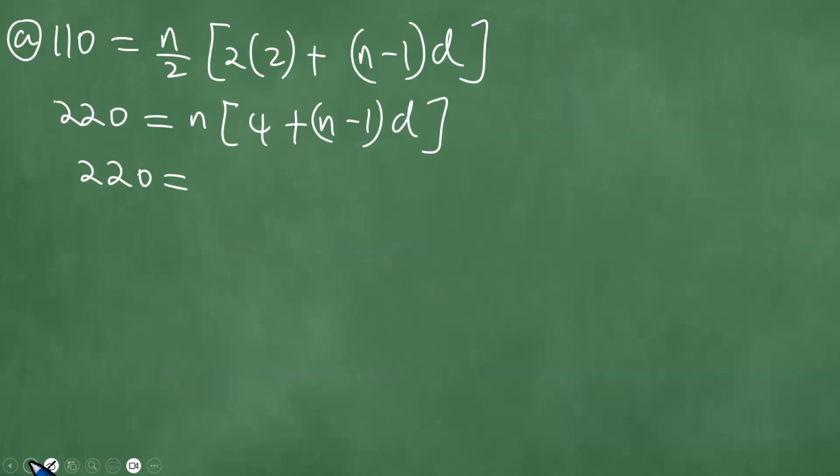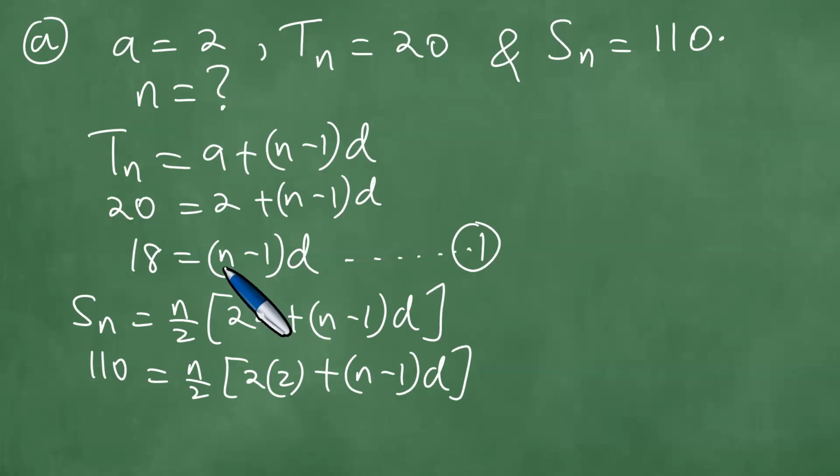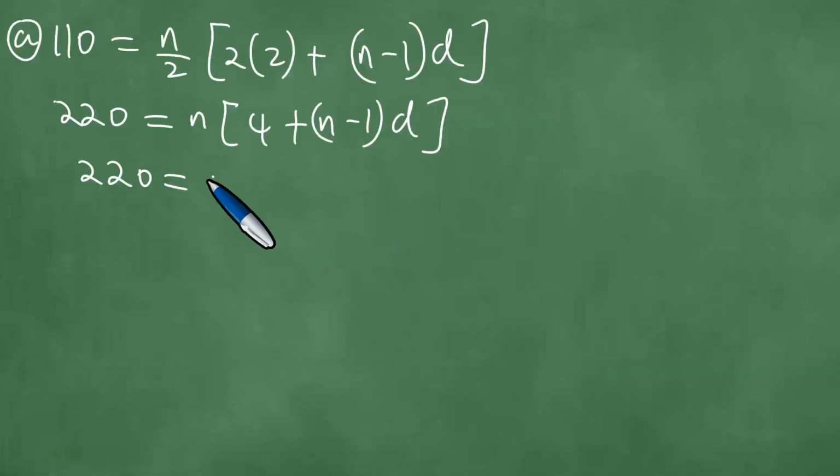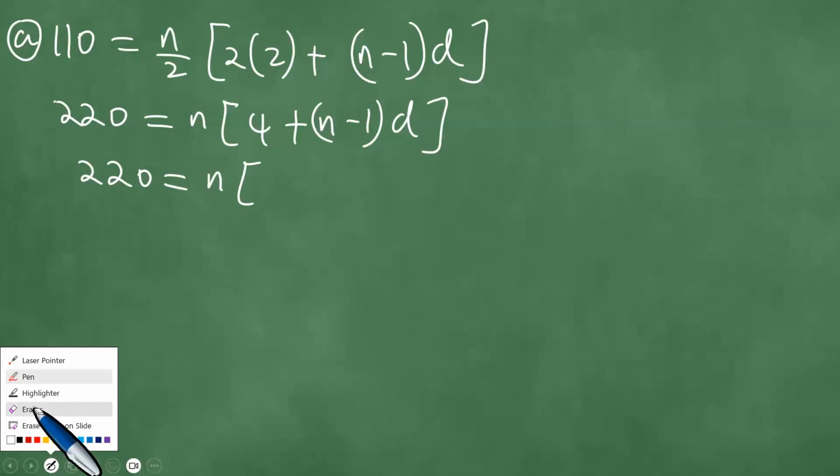There are many ways to do this question, obviously, but one easy way is to say you need to find n and d. But what is in this equation? This equation is n minus 1 times d, which is 18. So you can leave it like this.